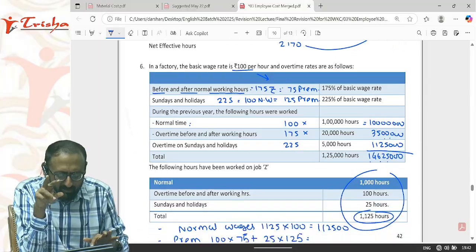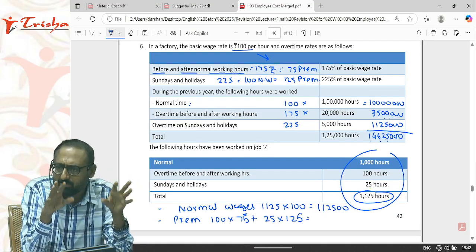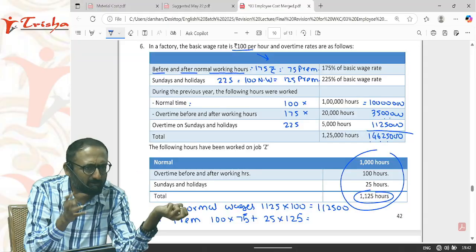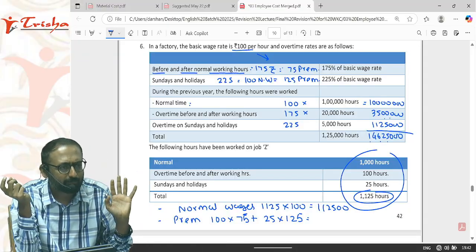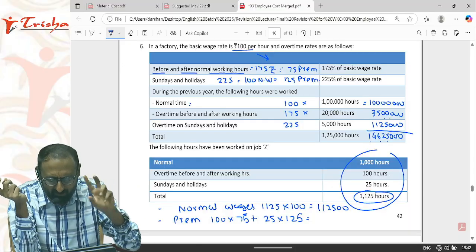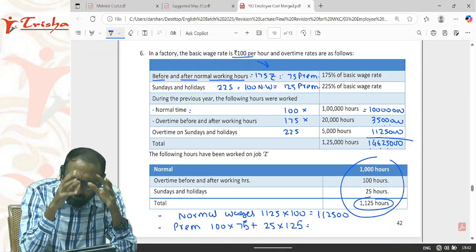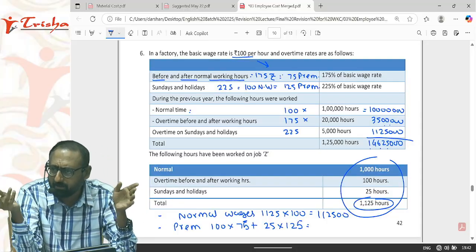Before and after hours is 175% of the basic wages, meaning you get 175. In 175, 100 is the normal and 75 is the premium. On Sunday and holiday it is 225. In that 225, 100 is the basic and 125 is the premium.